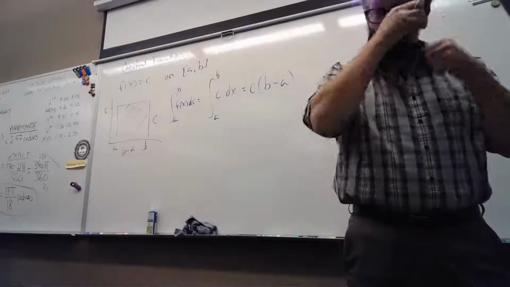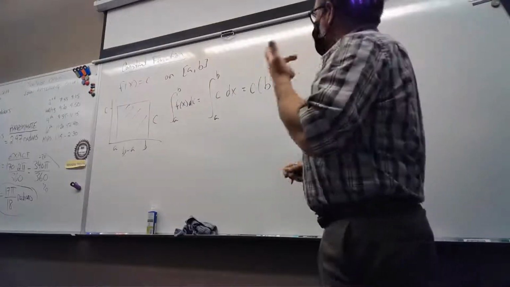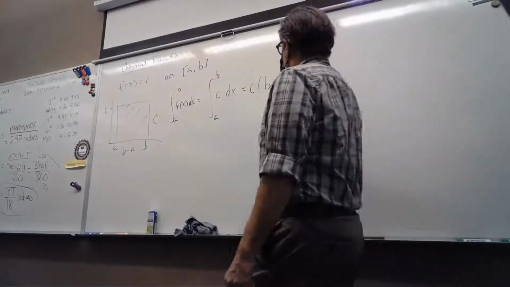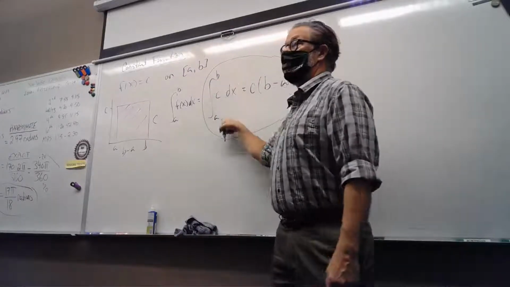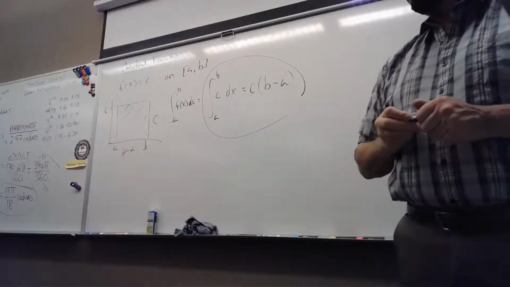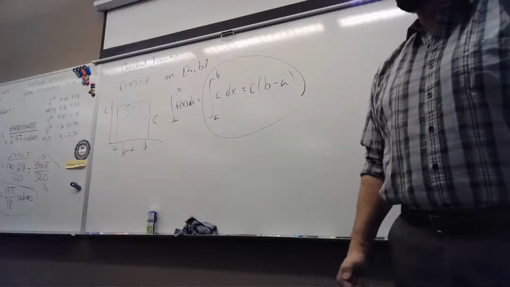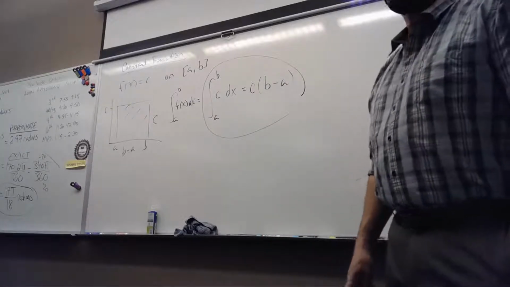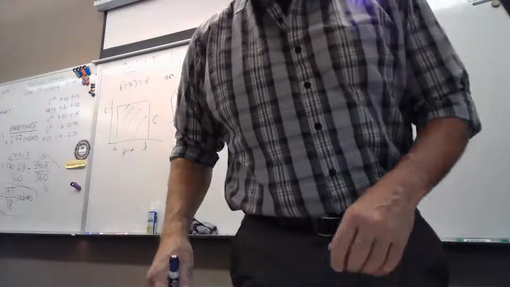So what does that tell us? Well, it just tells us that we now have a rule. For a constant function, we can just take the constant, take the difference between the upper and lower limit and multiply them together, and we've got the value of the integral. We've got the value of the area under that curve, and we don't have to think about it anymore. Right? And we're going to use this fact down the road.